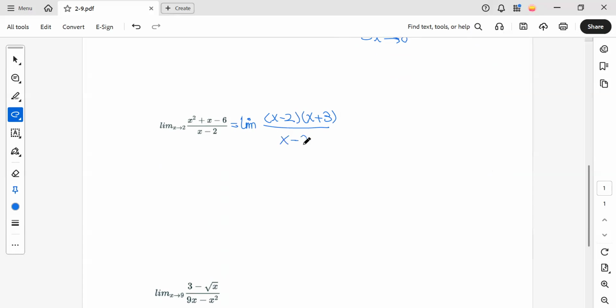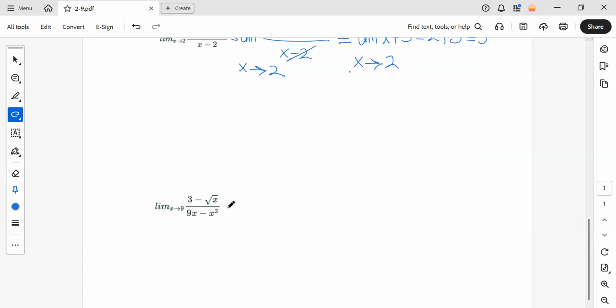So over x minus 2, when x is approaching to 2, I can cancel, and I get the limit of x plus 3 when x is approaching to 2. I can use direct substitution here because it is continuous, it is a polynomial. So I would get 2 plus 3, which is equal to 5.